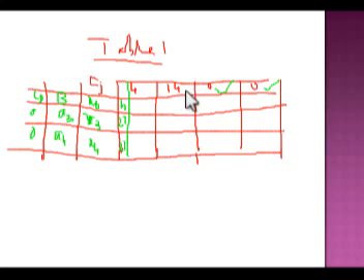I have made a mistake also. The subject to constraints I am writing here again. I made the mistake that this will be 2x1 plus 7x2 plus x3 equal to 21, not equal to 0.